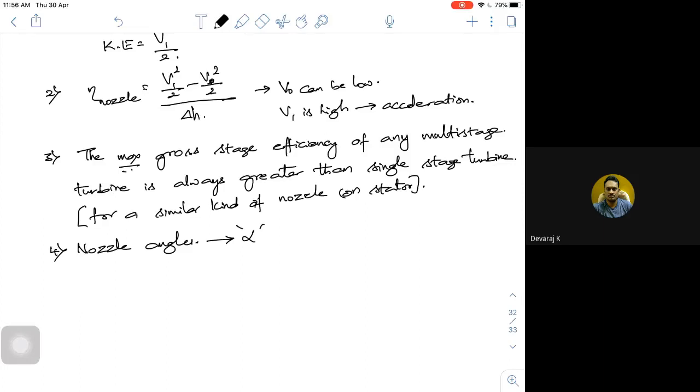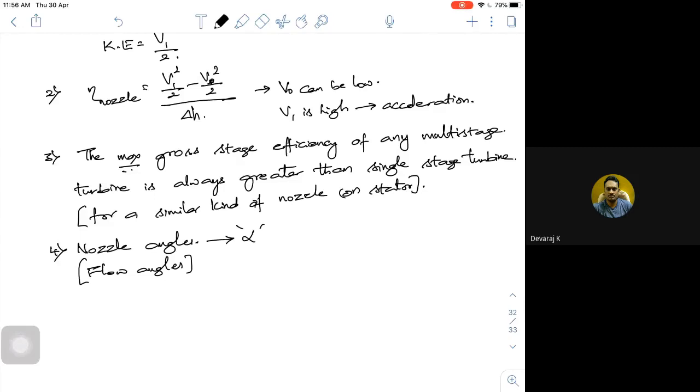The nozzle angle means the fluid is directed to your rotor at some angle. That is your alpha. You should not be confused with your corresponding beta. Blade angles are different. So nozzle angles or flow angles, in most of the numericals, they may give that the flow is directed by the nozzle through an angle of 15 degrees or 12 degrees.